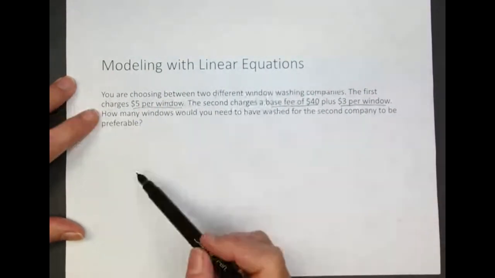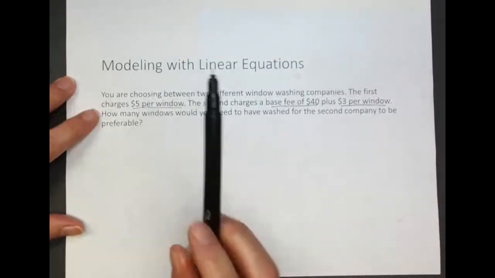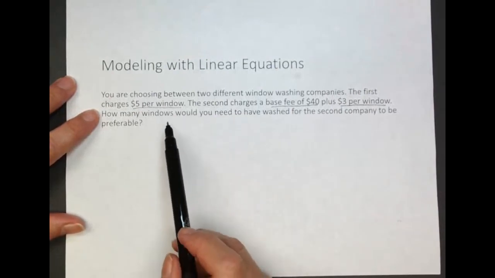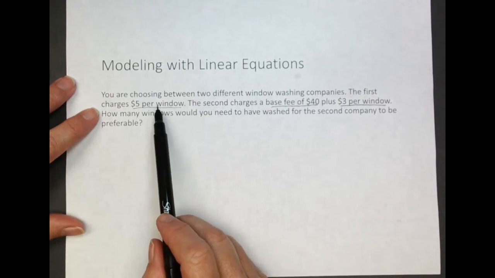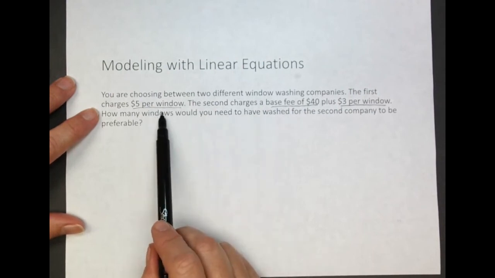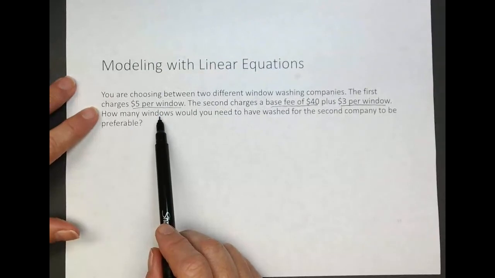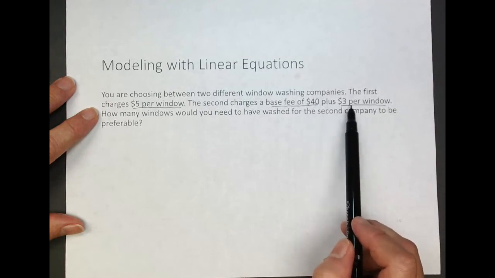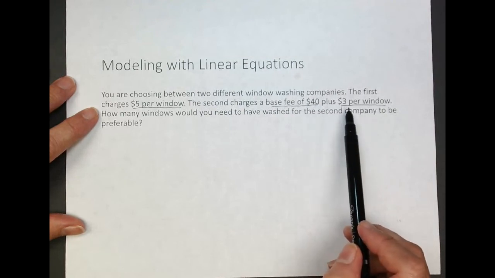First company, they'll come to your house for free, but they're going to charge you $5 per window. So if you only have a couple windows to wash, it's probably going to be better not to pay that base fee and do the $5 per window company. But if you have a house with a lot of windows and they all need washing, it might be better to use the second company where you pay that base fee, but then the per window charge, or the rate of change, is lower.